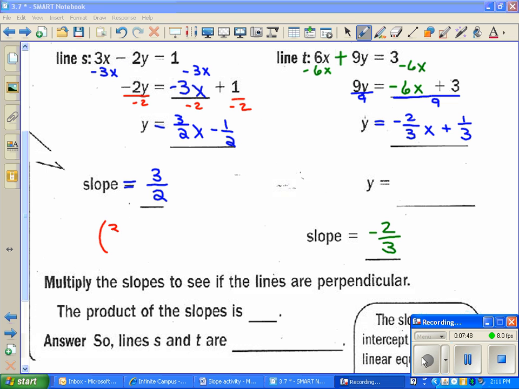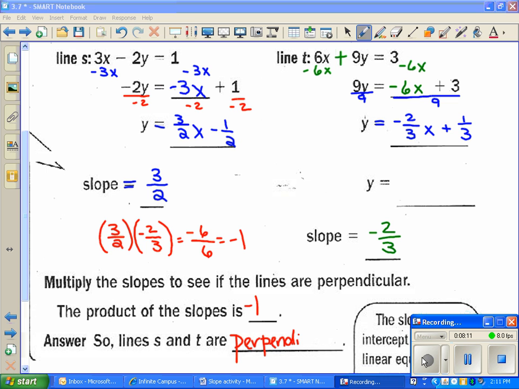And to check yourself if you weren't sure, 3/2 times negative 2/3, you get a negative 6 over a positive 6, which gives you a negative 1. The slopes of those two multiplied together is negative 1. So the lines S and T are perpendicular.